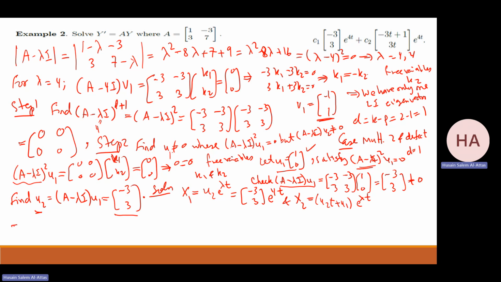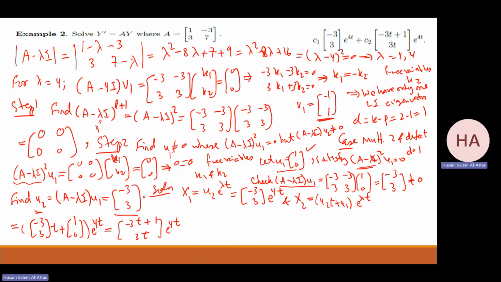U2 is minus 3, 3 times t, plus U1. What is U1? I chose it 1, 0, times e to the power 4t. That will be minus 3t plus 1, and 3t, times e to the power 4t.